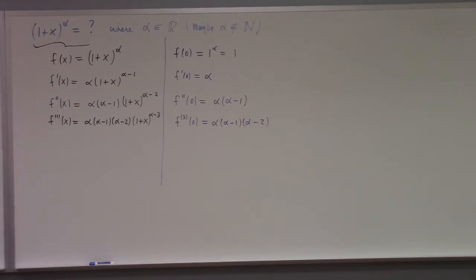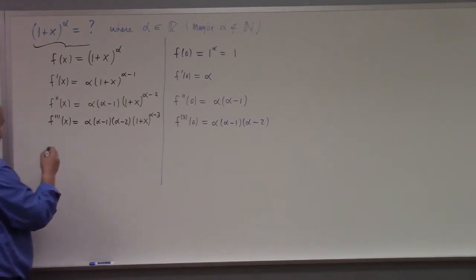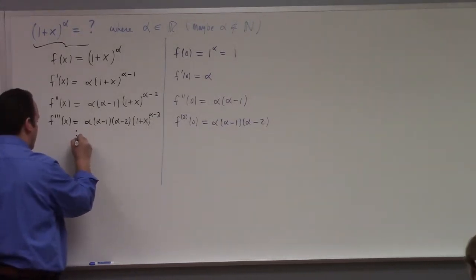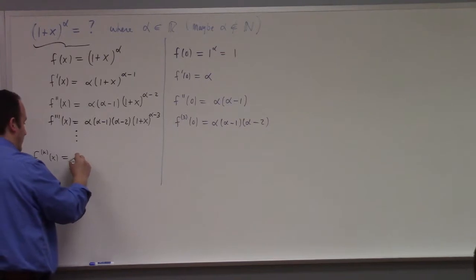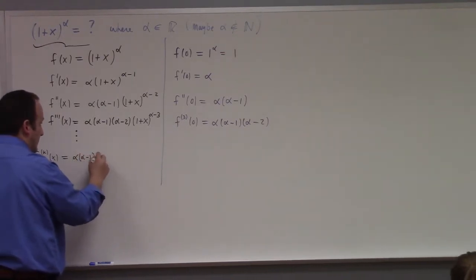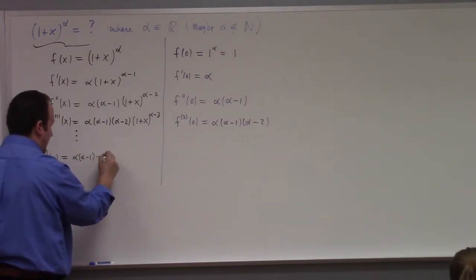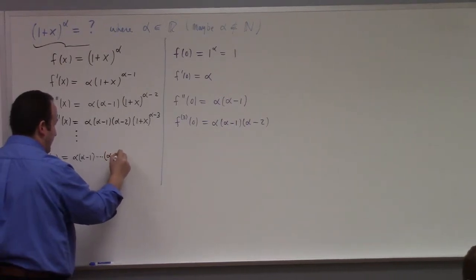I think by now the pattern is pretty much evident, right? If we take k derivatives, what are we going to get? What's the kth derivative at x? It is alpha times alpha minus 1 times alpha minus what?